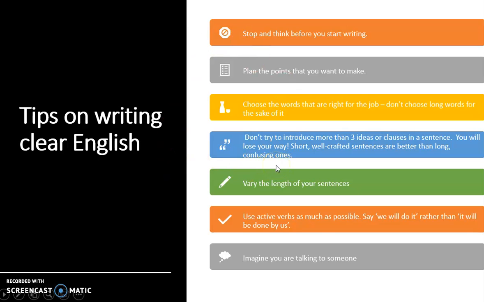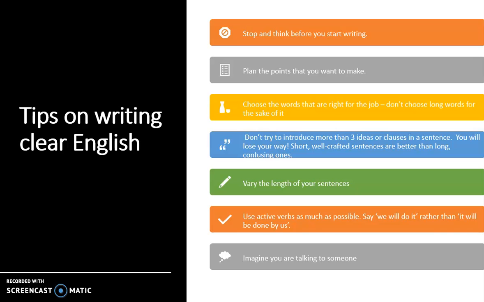Short, well-crafted sentences are better than long, confusing ones. Having said that, you do need to vary the length of your sentences. We don't want a whole article full of short, simple sentences. But if you are going to be writing complex or compound sentences, don't try and cram too many ideas in. There's no need. You know, full stops are your friend.